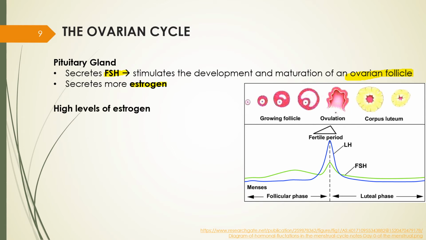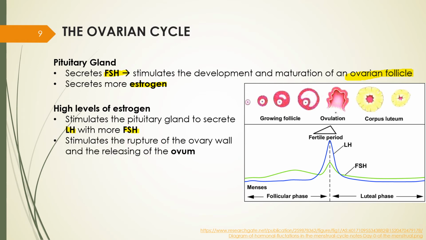This estrogen, when I have high levels of estrogen, what happens? It stimulates the pituitary gland to secrete more LH and more FSH, okay? What does this LH do? It stimulates the rupture of the ovary wall and the releasing of the ovum, okay?